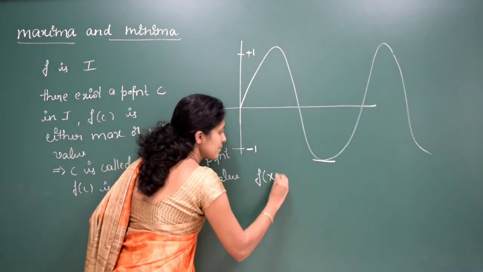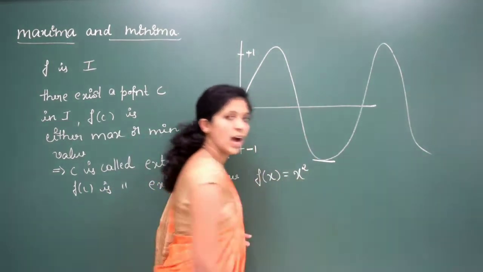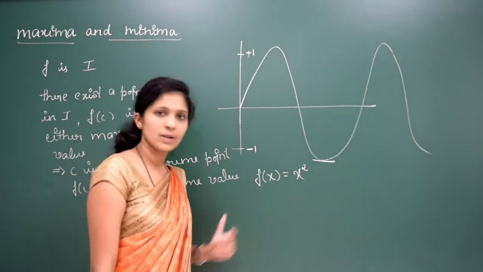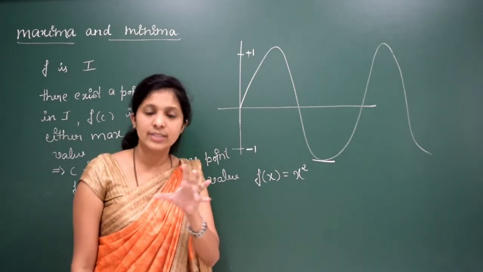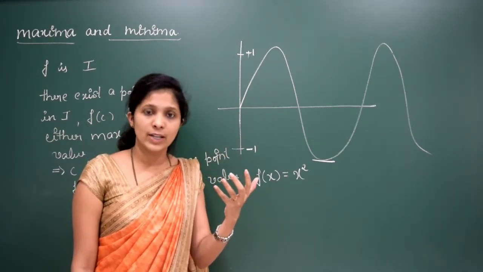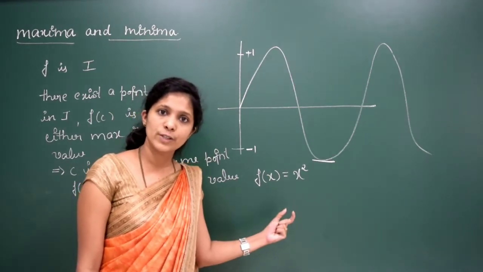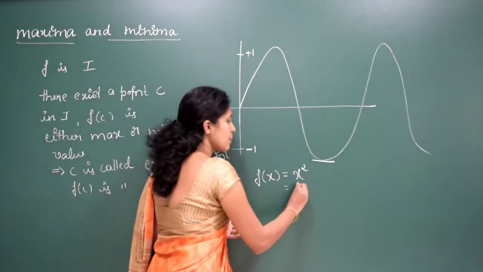Now let us consider one example. If I consider f of x is equal to x square, can you say what is the maximum value for this? It is not possible, right? Because the interval is not defined. If an interval is given, then we can find the maximum value. But can you say what is the minimum value? Obviously, the minimum value of this function will be 0, right? Consider any values, it will be positive.